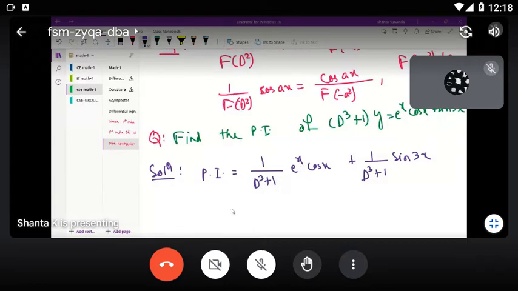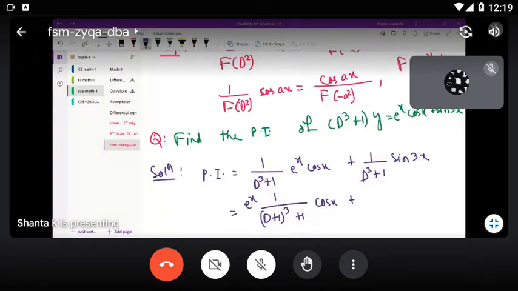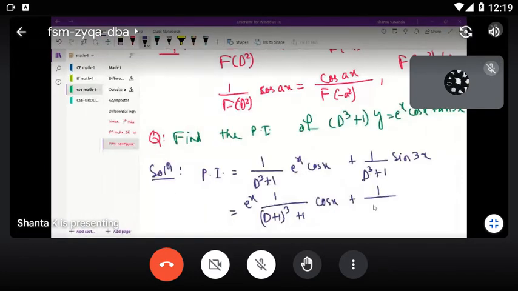You take this e power x to this side, and here D will be replaced by D plus 1, so (D plus 1) cube plus 1 cos x. And here D cube, we will write as D square into D, and D square will be replaced by minus 3 square. This one is minus a square.